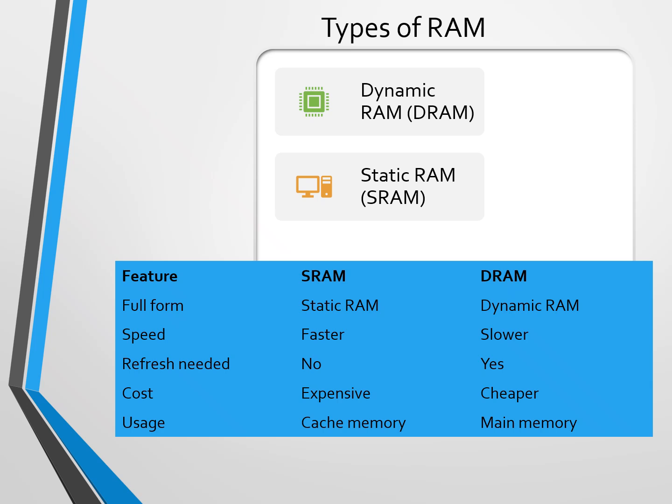No. But for dynamic RAM, the refresh is needed, yes. The cost of the static RAM is expensive and the dynamic RAM is cheaper. Right. So where do we use the static RAM? In the cache memory. Where do we use the dynamic RAM? It's used in the main memory, okay guys?